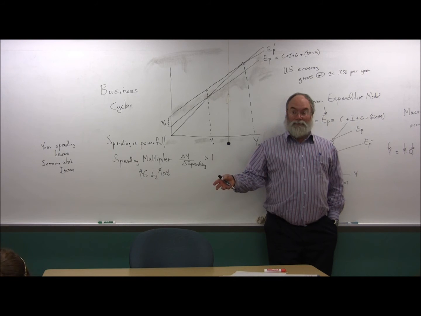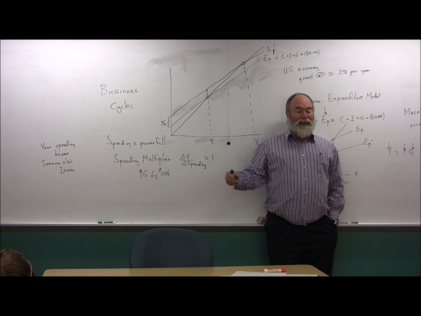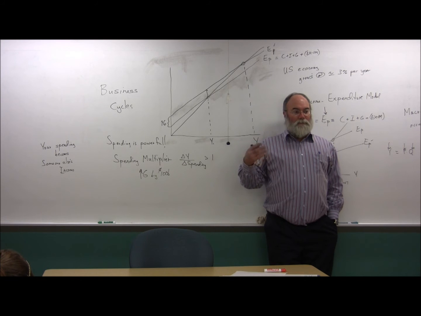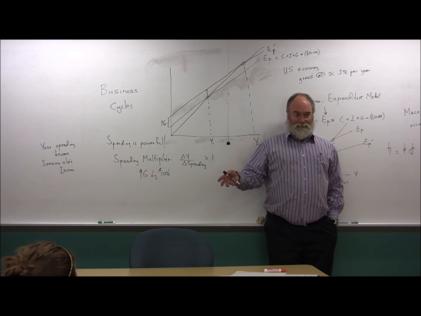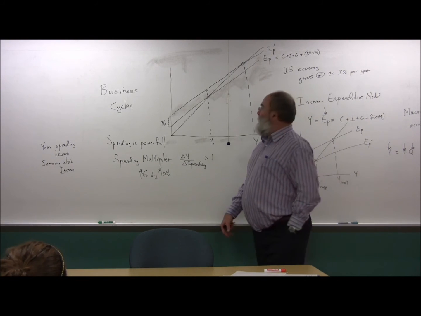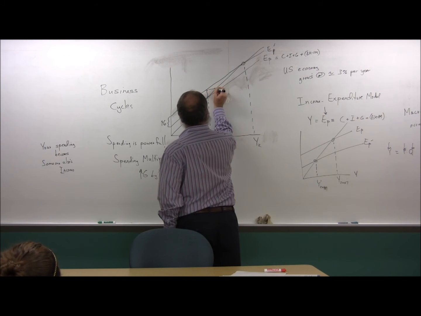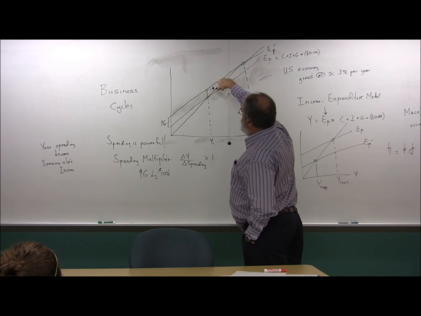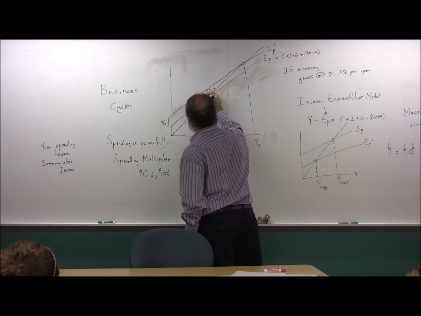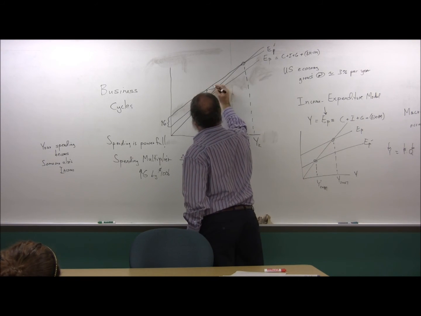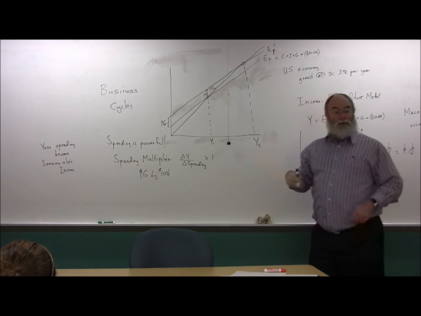They hire more workers. And when those workers start producing, start doing the repairs, they get paid. We can show that as this rightward move. This vertical move is the change in spending. This horizontal move is the change in income or change in production.